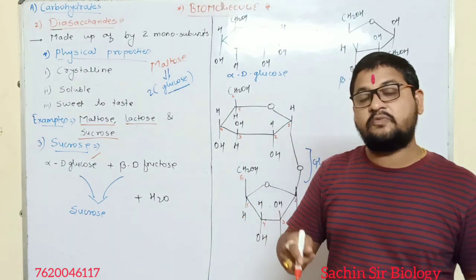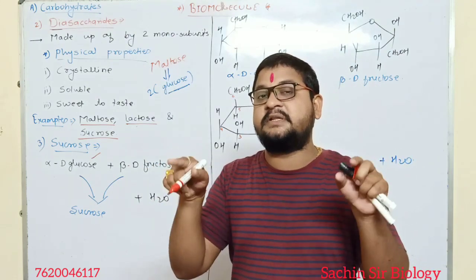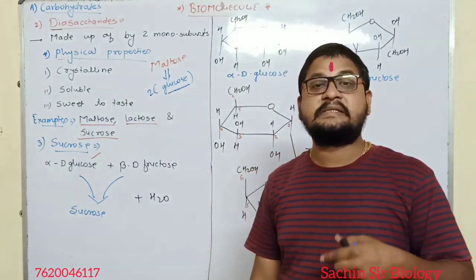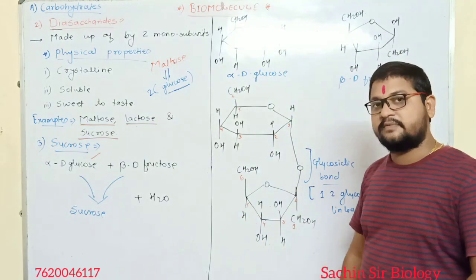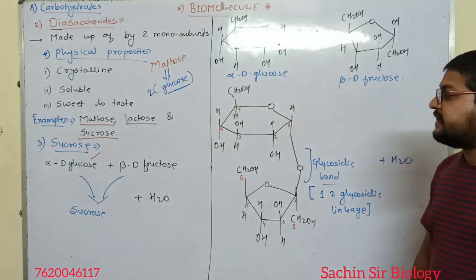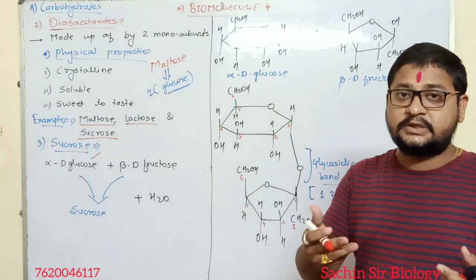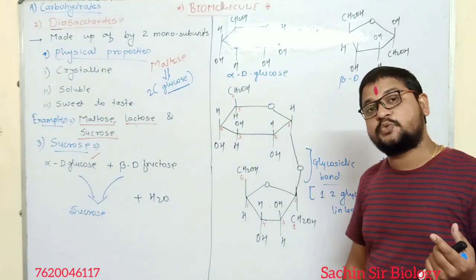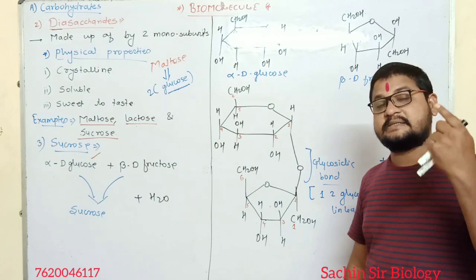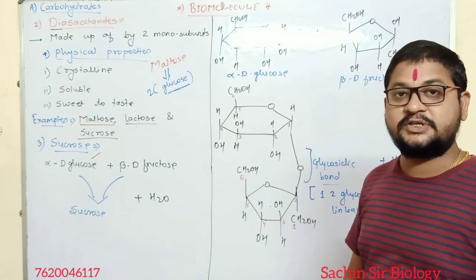During condensation, a water molecule is removed and the bond forms between these two carbons, that is the glycosidic bond, and which carbons are involved we saw very well. Thereafter, I told you important checkpoints where questions may be asked in the mid-examination.